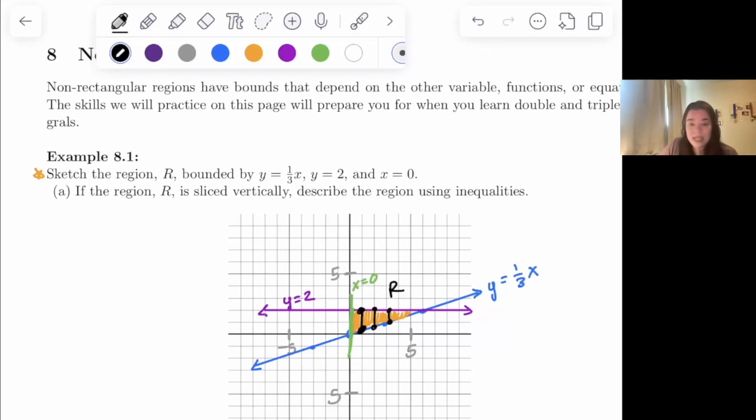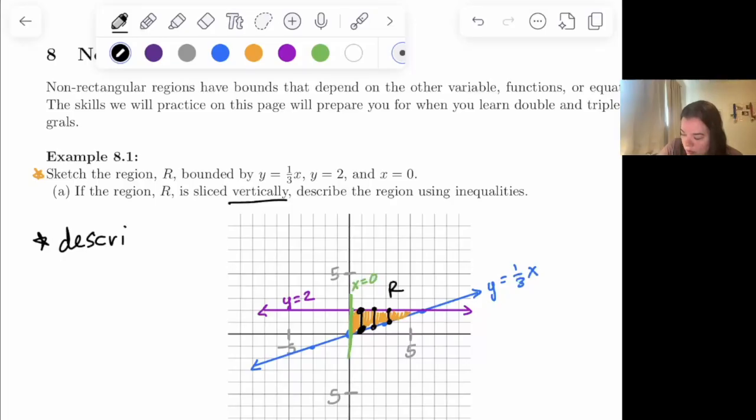And since we are slicing vertically, the first thing we do is describe y. These are just my words I use to remind myself as I'm doing this. So slicing vertically means you first describe y and then you restrict x. And I'm going to explain what that means.